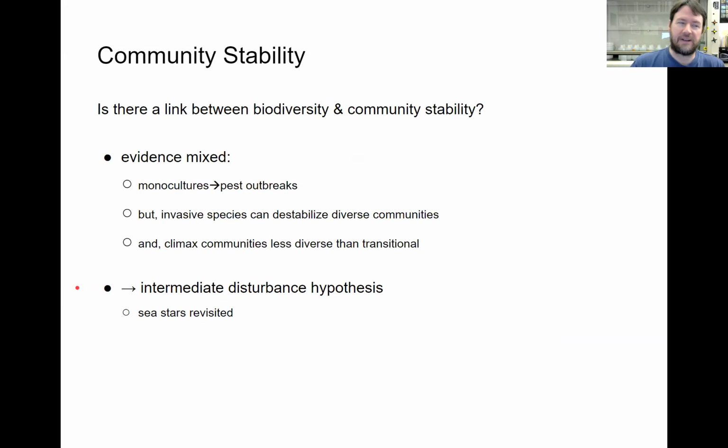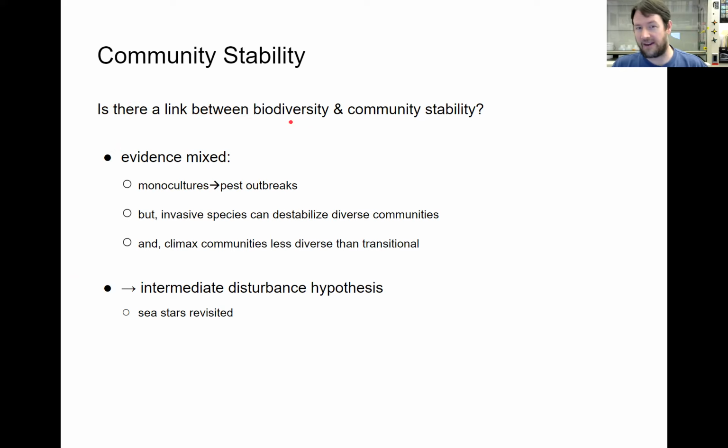So the last thing we'll talk about with these community dynamics, which is really the interesting stuff that my thesis work was about, is asking, is there a link between biodiversity and community stability? Because ideally we'd want stable, resilient biological communities that can handle some disturbances and still function at a level that can at least sustain people, if not sustain other species, right? So there's a lot of mixed evidence for this idea.